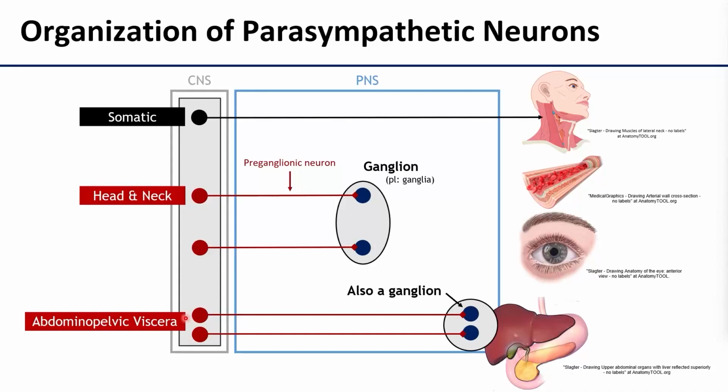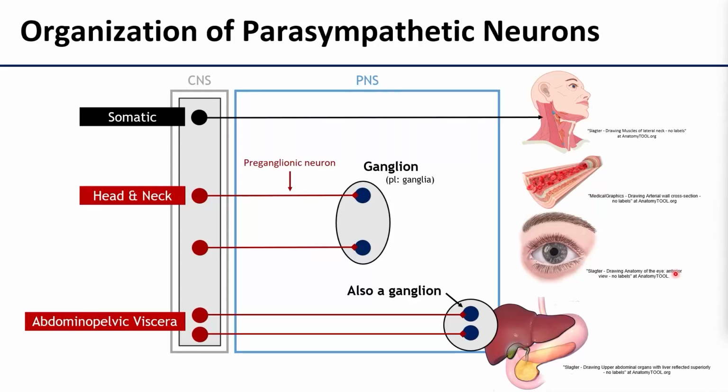When we talk about parasympathetic pathways, it is important to realize that they look different depending upon what structures they're targeting. Specifically, for the purposes of this head and neck anatomy class, I am going to focus very heavily on the pathway for head and neck structures.